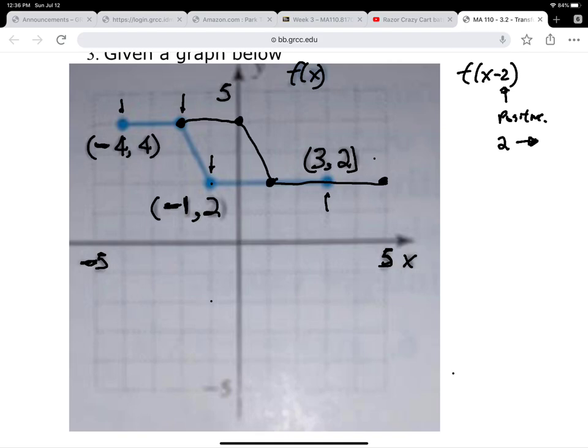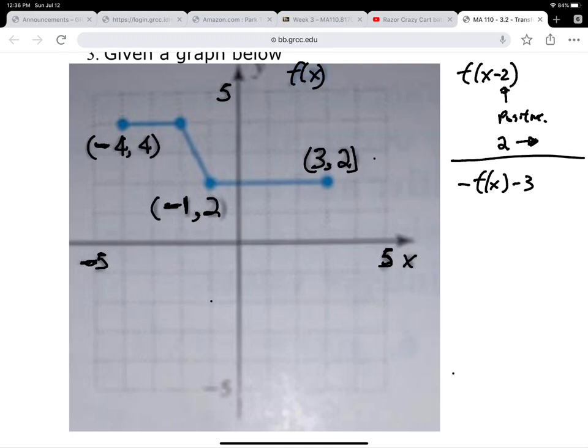Okay. So now I'm going to erase this, and we're just going to keep working on the problem using the same graph. All right, the next problem you have is negative f of x minus 3. So what do I do with this?